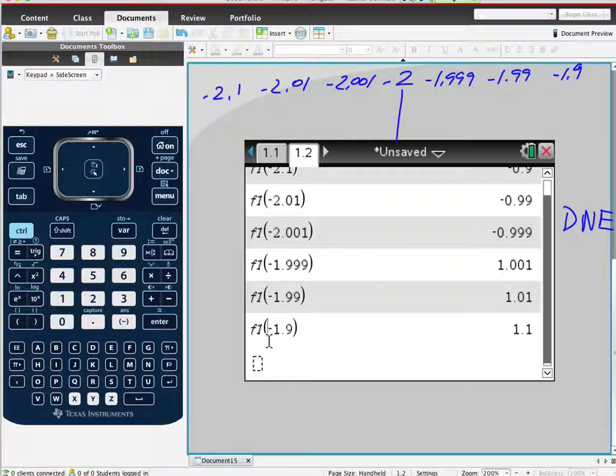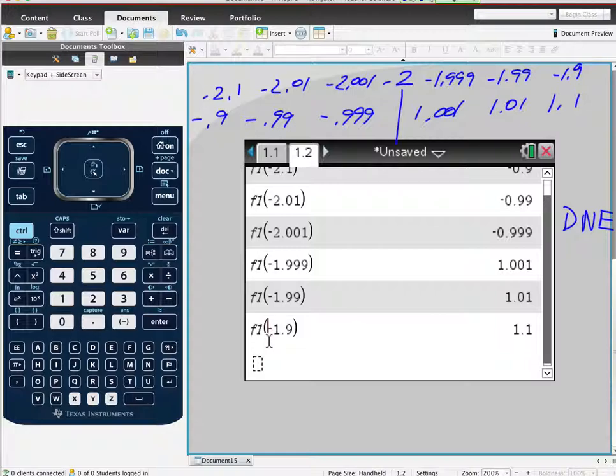So we get -0.9, -0.99, -0.999, 1.001, 1.01, 1.1. So does this verify what we determined graphically?